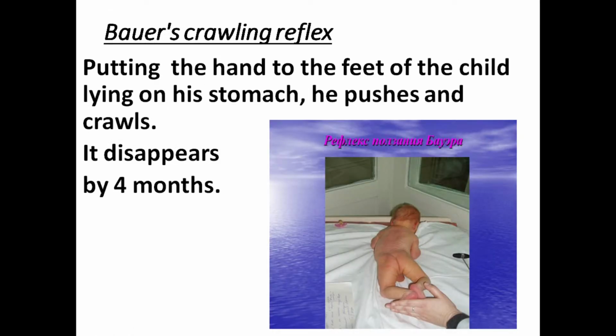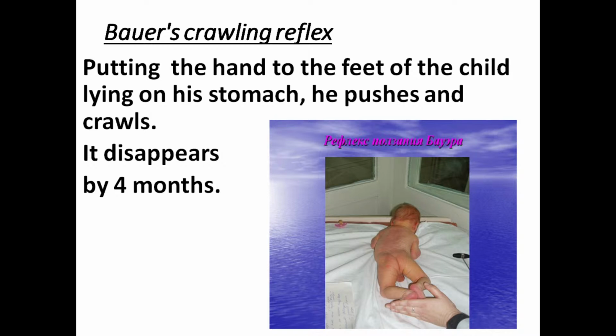Bauer crawling reflex: you put your hand to the feet of the child lying on the stomach, and he pushes and crawls like a commando crawl. But this is a reflex at this age. It's not the normal commando crawl we discussed during the development of the neurological system.